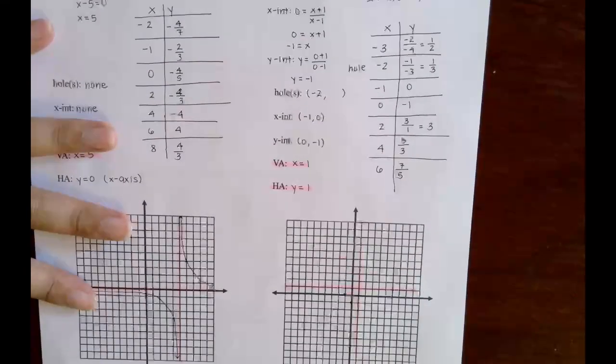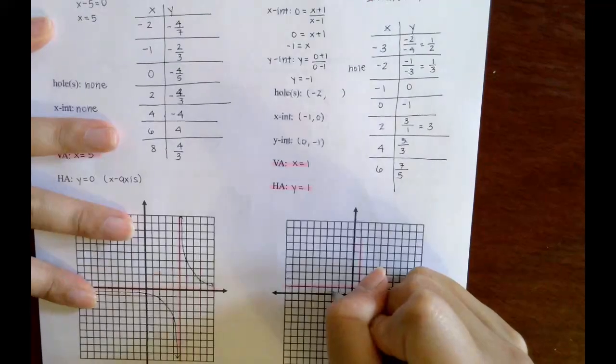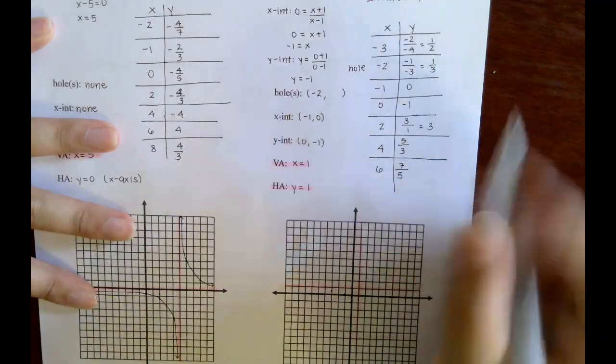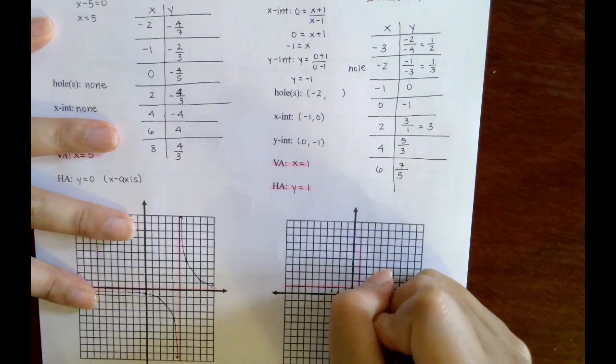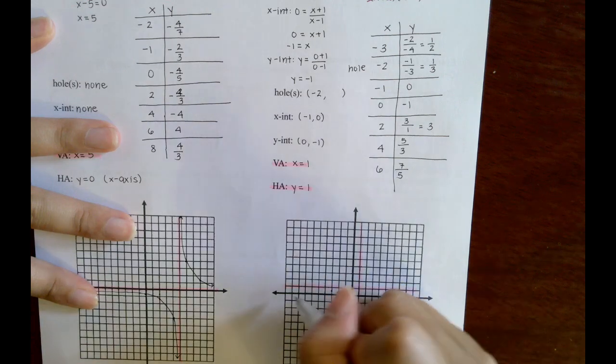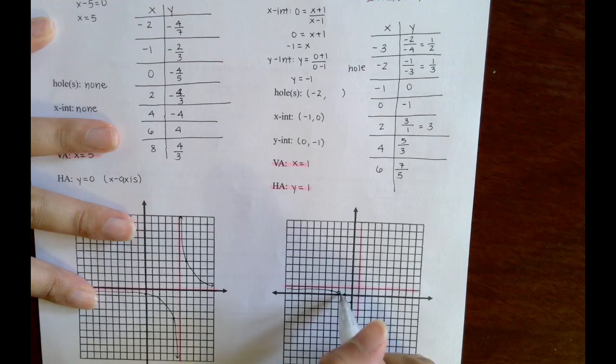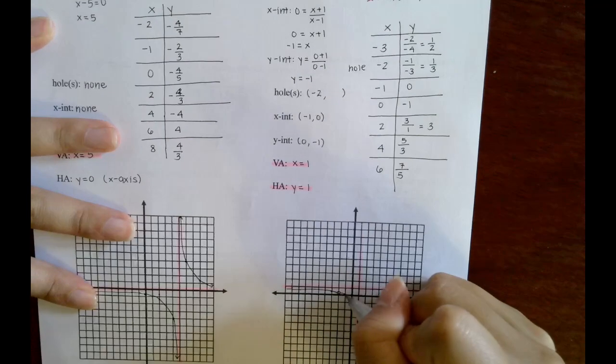So then let's graph. Negative 3, 1/2 is here. Negative 2, 1/3 is here. So there's a hole. Here you can see that I put a hole so that we know it doesn't touch it. And negative 1, 0, and 0, negative 1. So this is this branch.